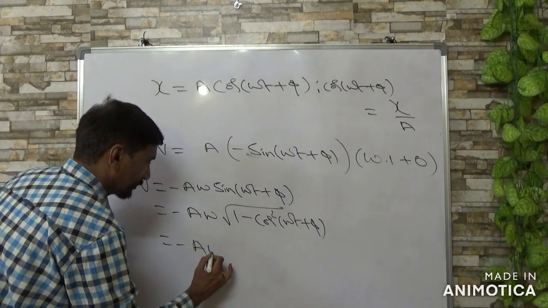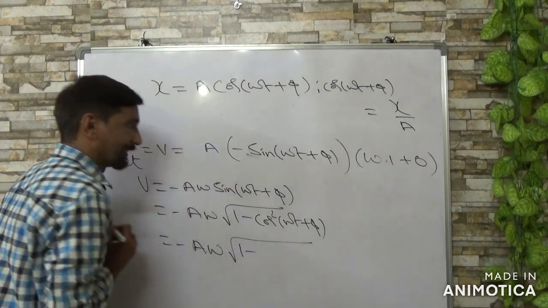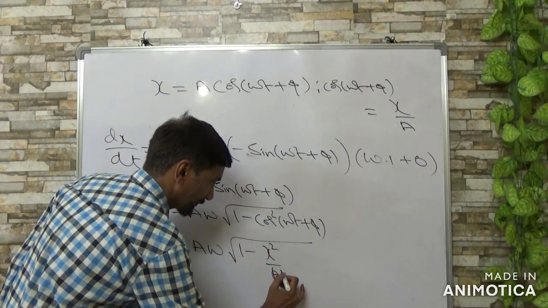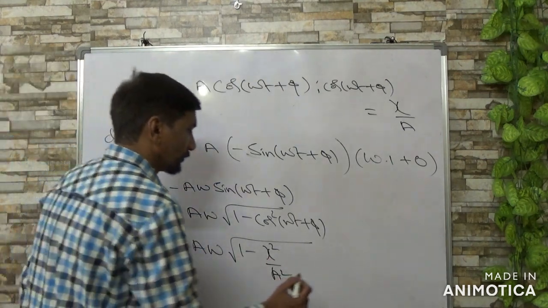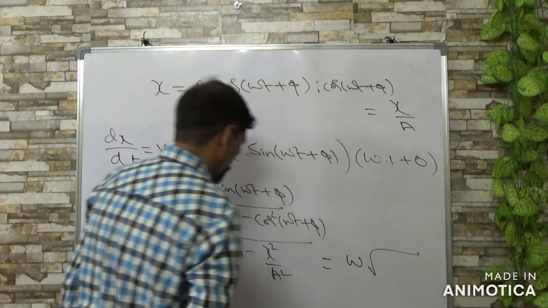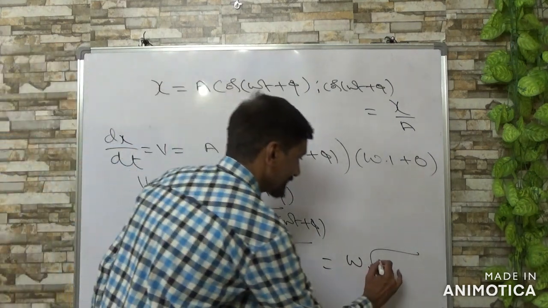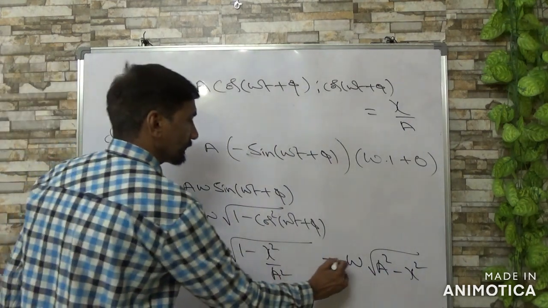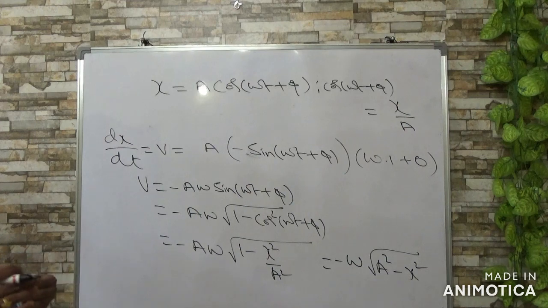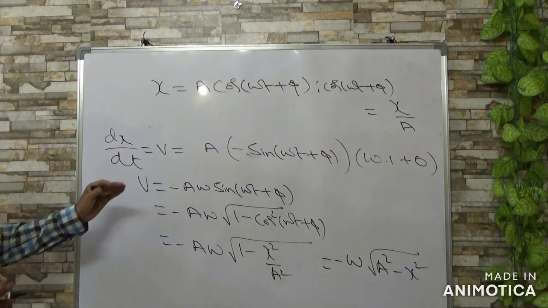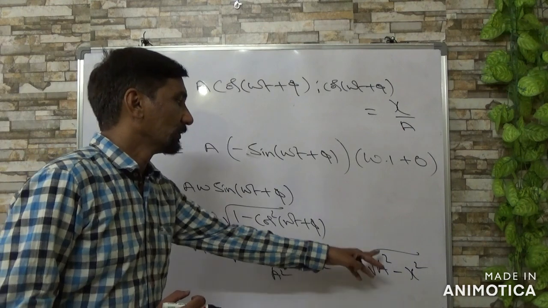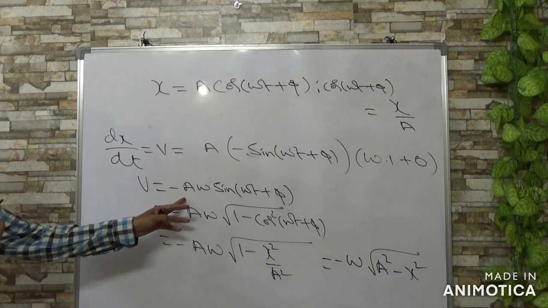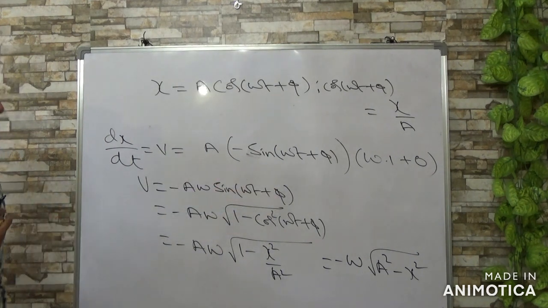So you can also write A omega of root of 1 minus x square by A square. Further you simplify, you get omega root over A square minus x square, okay, with a negative sign. That sign indicates only direction. So velocity of the particle is omega into root over A square minus x square, or you can write A omega sin(omega t plus pi).